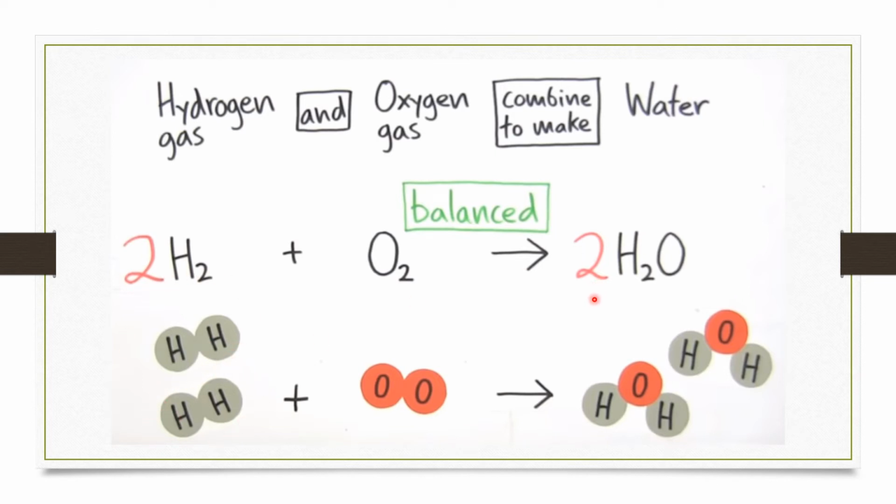Similarly, we add the coefficient 2 in front of H2O on the product side to show that there are 2 molecules of water. Remember, you should always use coefficients to balance an equation. You should never change the formulae and the symbols of the substances.